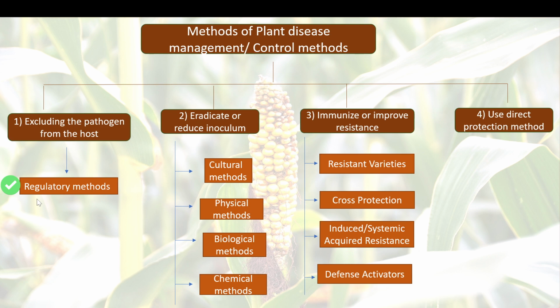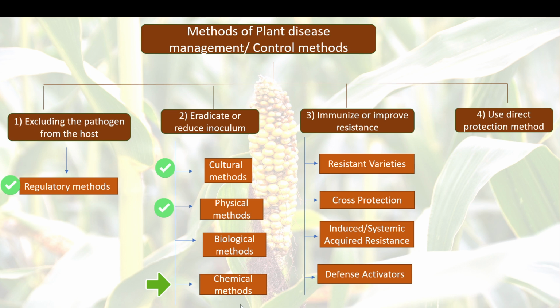In the second category, that is eradicate or reduce inoculum, we are done with cultural methods and physical methods also, and today we are going to address chemical methods. After completion of chemical methods, we will move towards biological method, and like this, one by one we will consider the next categories also.